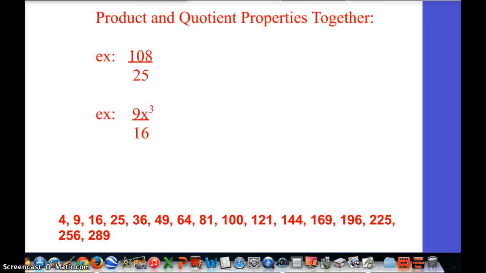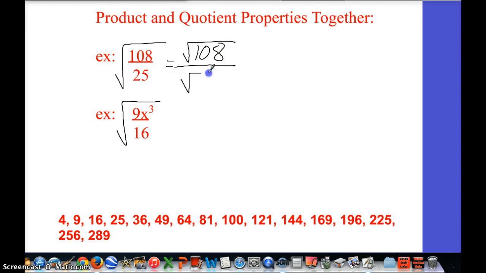The product and quotient properties together, that's essentially exactly what we've just been doing. So go ahead and write down the square root of 108 divided by 25. So we know that's the square root of 108 divided by the square root of 25. 108 is not a perfect square, but let's just go through.